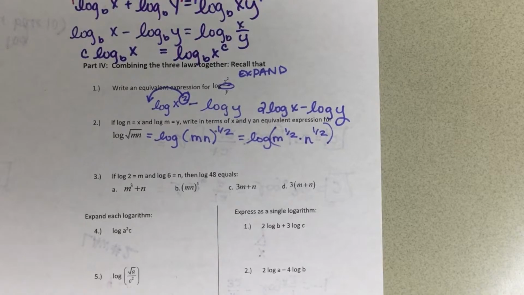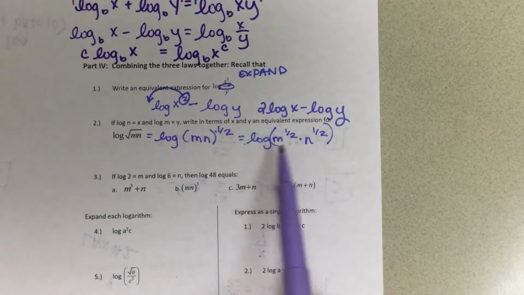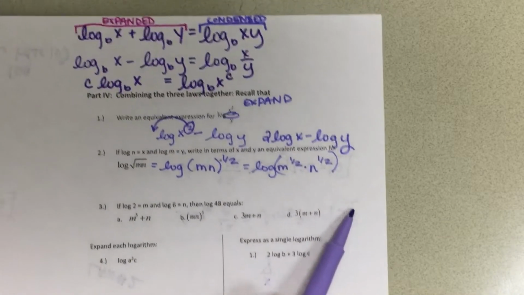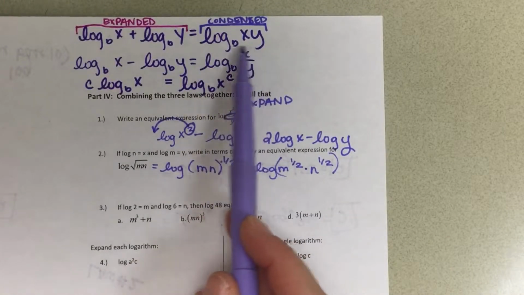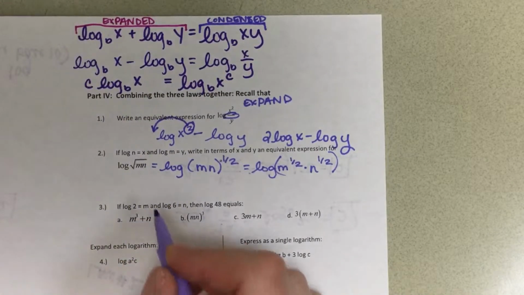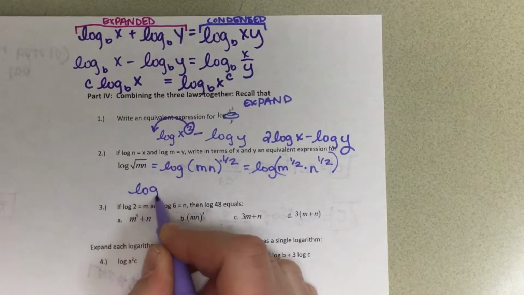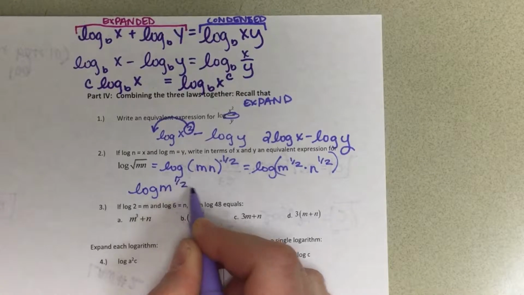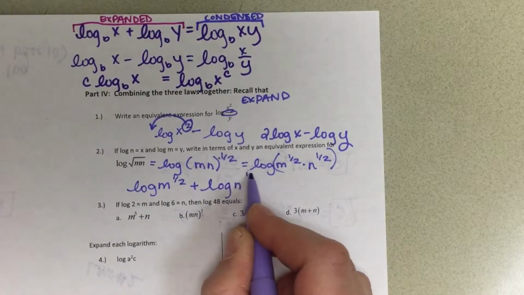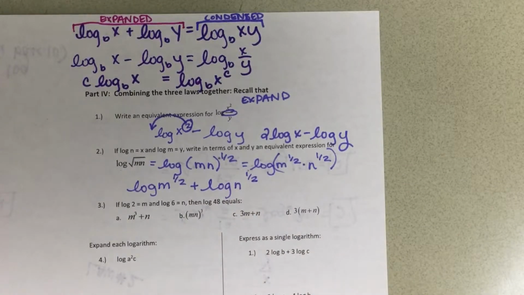So now what I'm ready to do is, because I have this log of a product, I'm going to rewrite it as the sum of logs. So this becomes log of m to the 1/2 plus log of n to the 1/2.